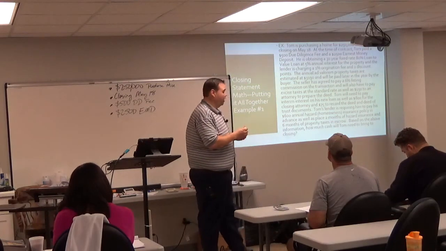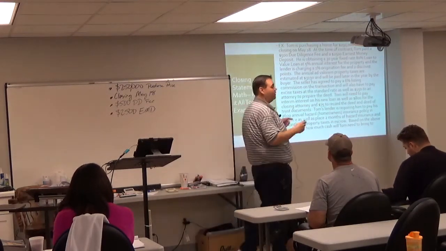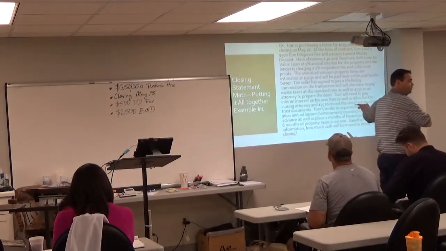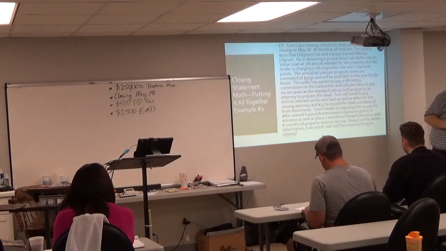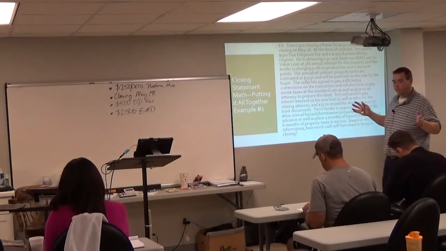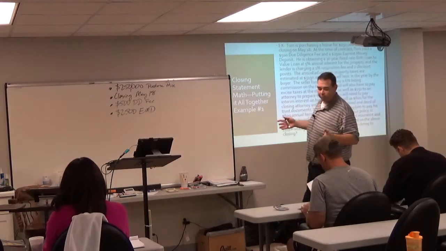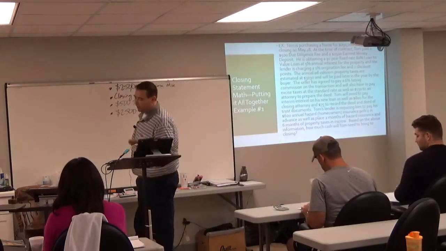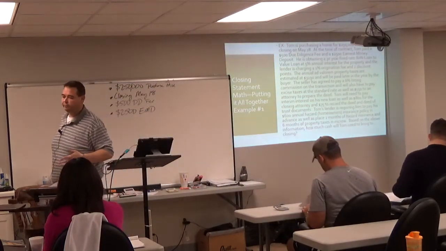So, here's what I want you to do. And I'm going to make myself available as you raise your hand. I want you to do this one. I want you to take a clean sheet of paper and set up your 4 columns. Buyer credit, buyer debit, seller credit, seller debit, whatever order you want to put them in.